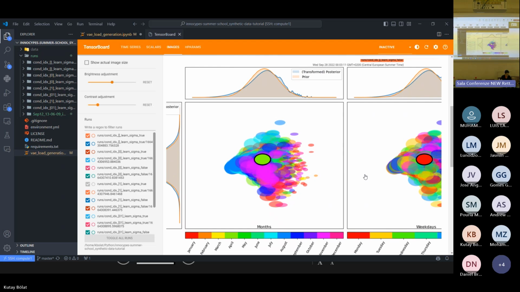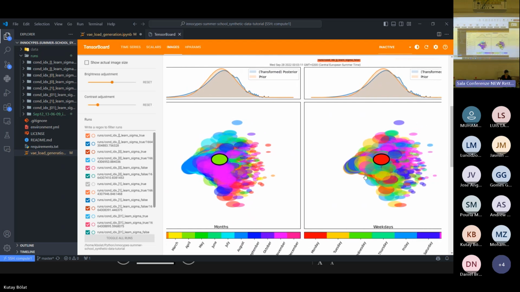This is the scenario where we don't use the conditions. And as you can see, this does not look like a Gaussian, right?